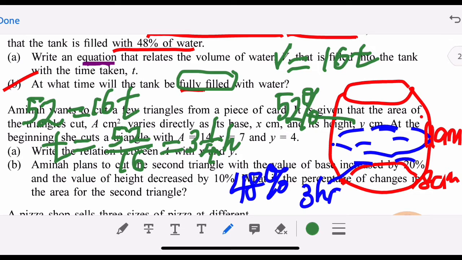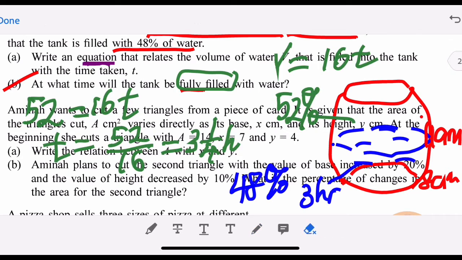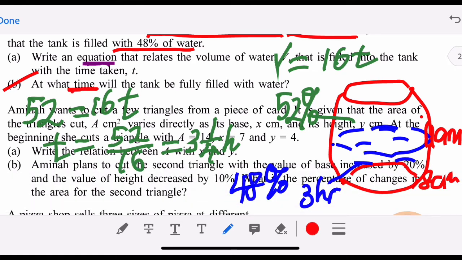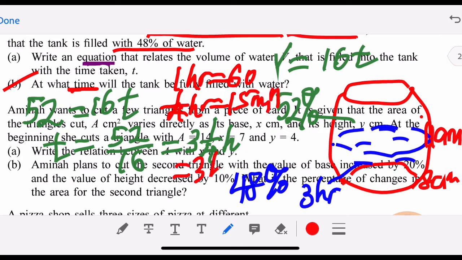Bear in mind that this is in hours, so we have to convert to minutes, because the question is asking for the time and not for the duration. From 11 we need another 3 and a quarter hours. 1 hour is 60 minutes, 1 quarter hour is 15 minutes. So this is 3 hours and 15 minutes.